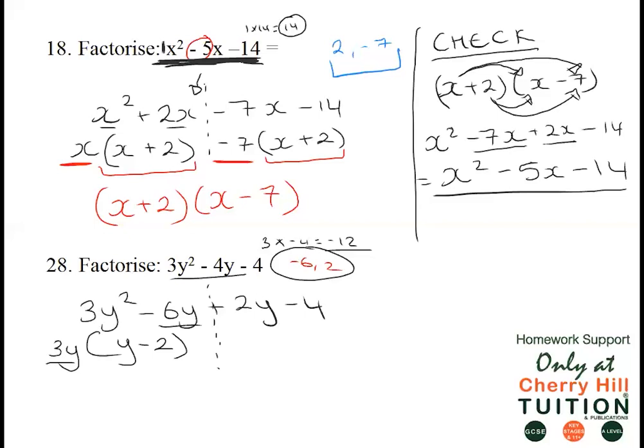So now let's look at the right-hand side. We've got 2y minus 4, and we can see that 2 is common because 2 is a multiple of 2, and it's also a multiple of 4. There are no letters that are common because the minus 4 has no letters.